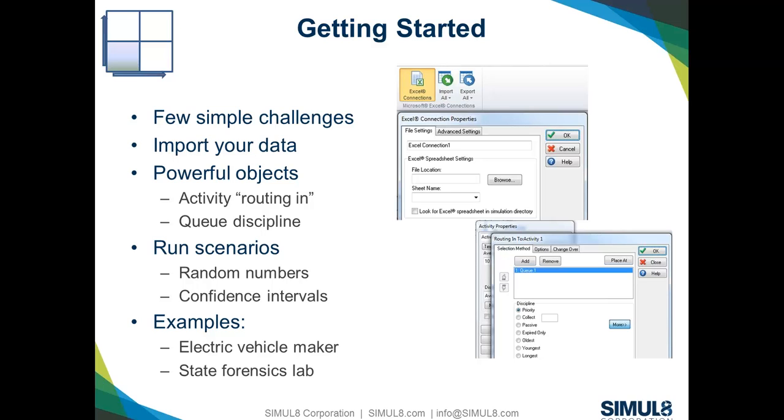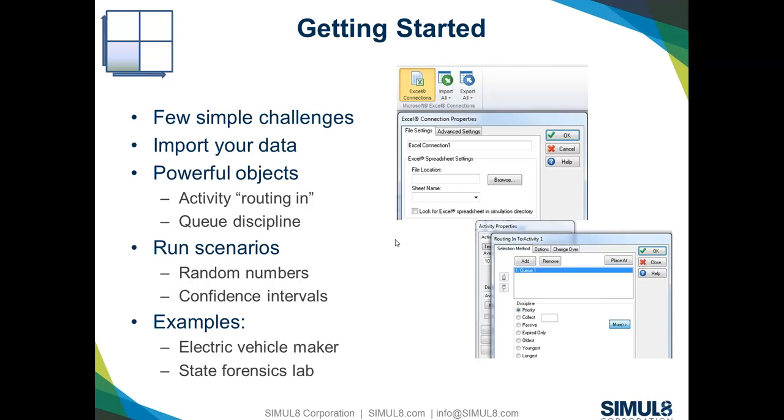And then we also have the objects themselves in SIMUL8 are quite powerful. For example, the picture on the right-hand side here shows all of the disciplines available for the routing in on an activity. And all that's available simply by double-clicking on the activity itself. Also, a queue you can define as having different disciplines: last in, first out, and so on.